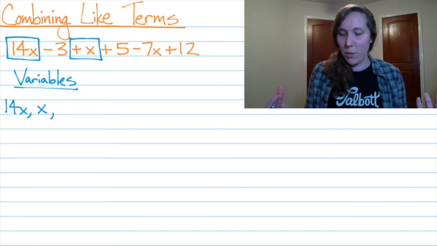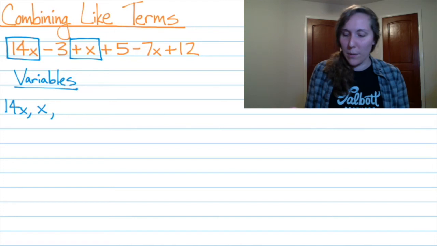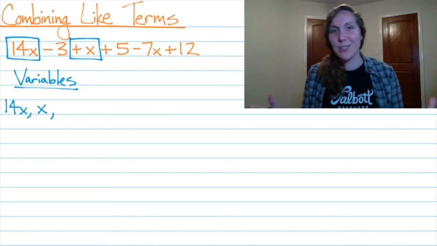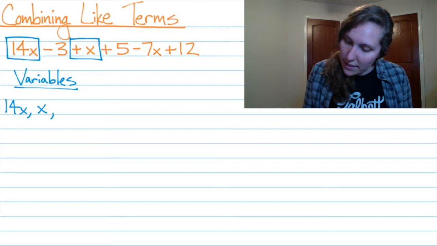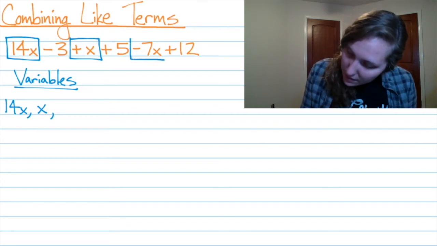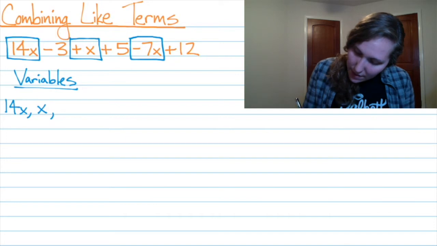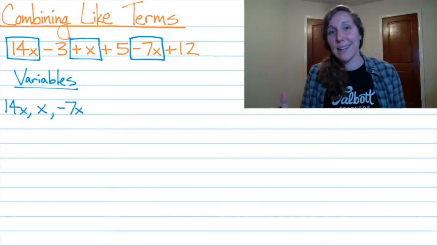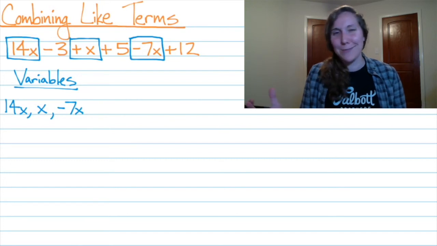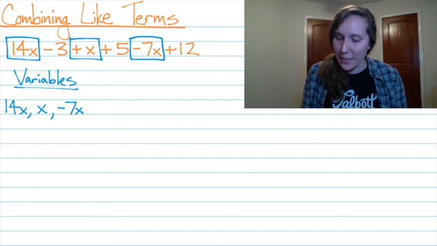So I wanted to put it in the box, but when I write it down, I know that means it's just a positive x, so just a 1x. Let's see if I see another one. Oh, right here. Negative 7x. So if it's negative, that sign comes with it when I write it down. If it's positive, we don't write plus in front of all of our positive numbers.